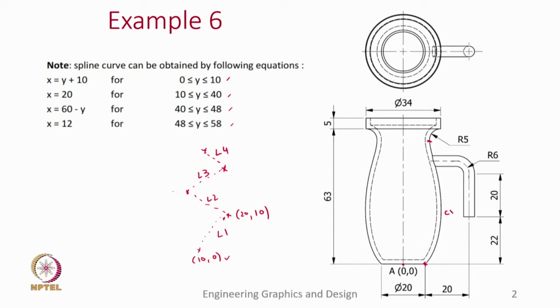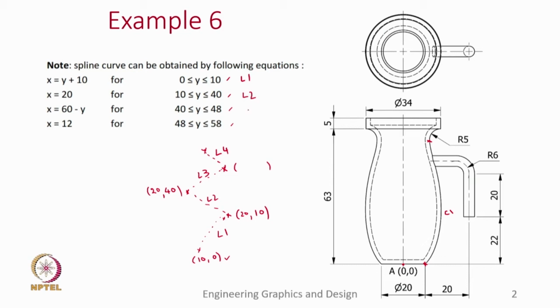For the end of line L2, let us look at the x and y coordinates. This is the end of line segment L2 where y changes from 10 to 40. The initial point 10 we already know. At y equal to 40, the x component is given as 20. Now, let us move to the end point of line L3.